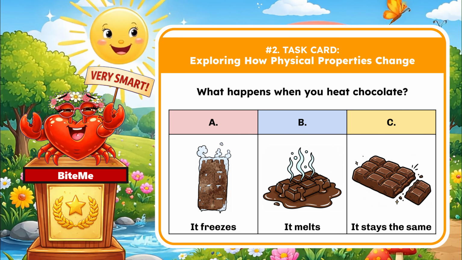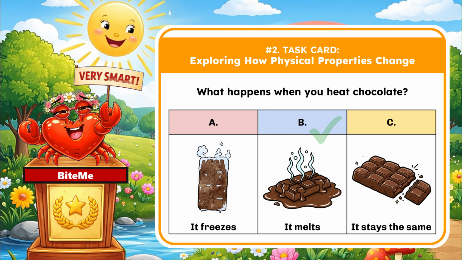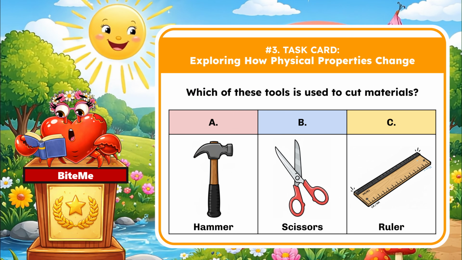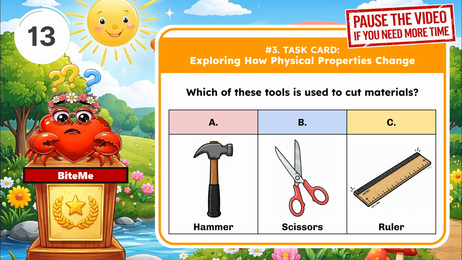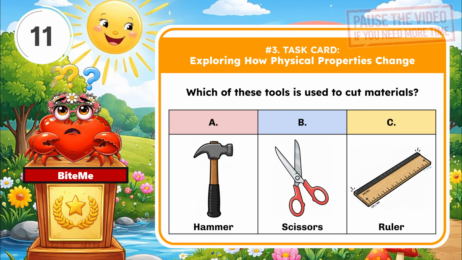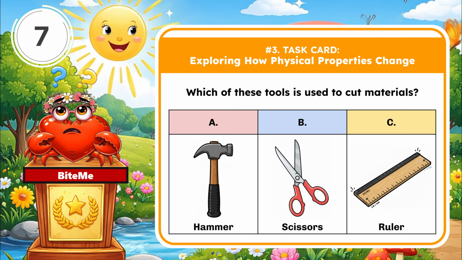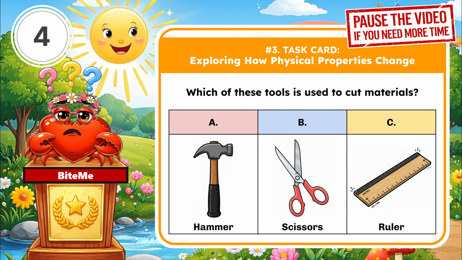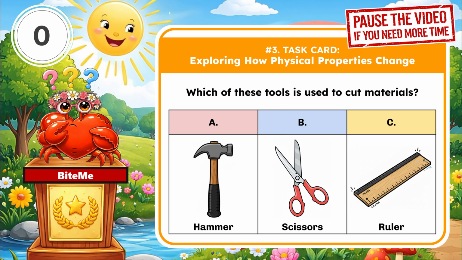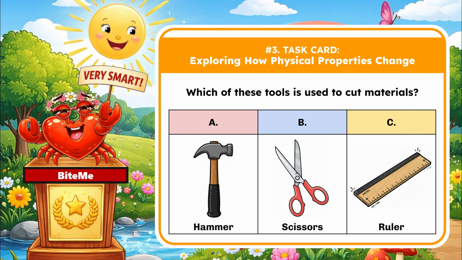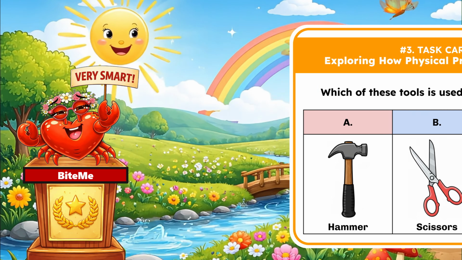And the correct answer is letter B, it melts. Which of these tools is used to cut materials? And the correct answer is letter B, scissors.